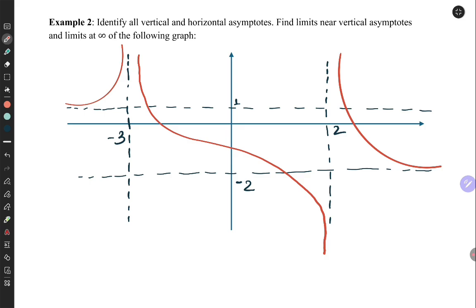Up to infinity. Okay. From the left, it would be negative, going to negative infinity.